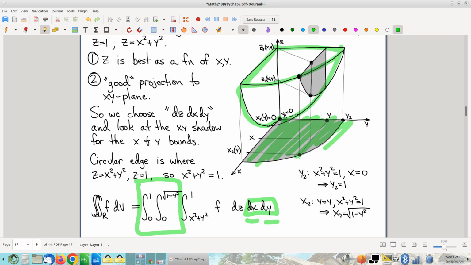It's beautiful. And that means that I don't even really have to do any slicing on my solid. The solid was weird and hard to draw, and it's even hard to draw the slices. I don't have to, because the range of values of x and y on the shadow will give me the exact same answers.